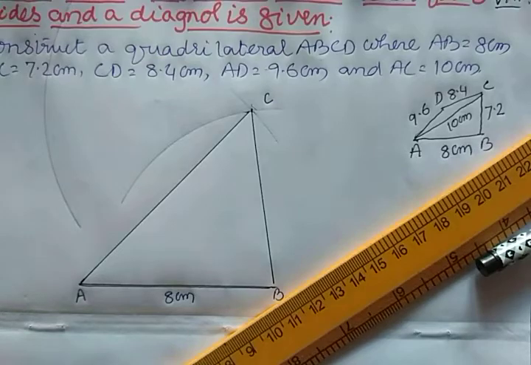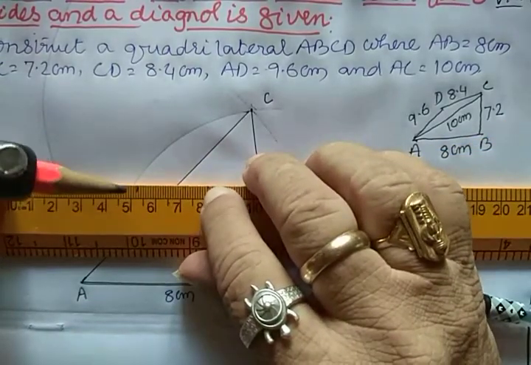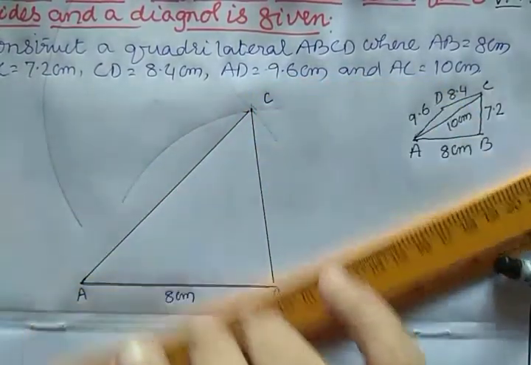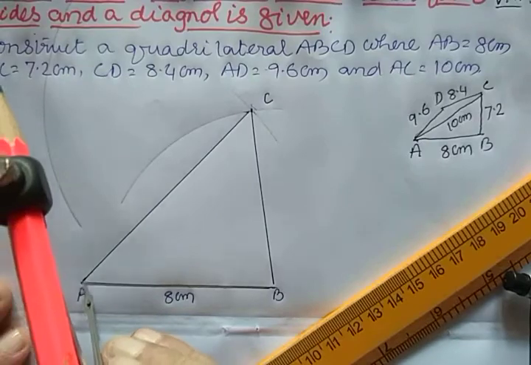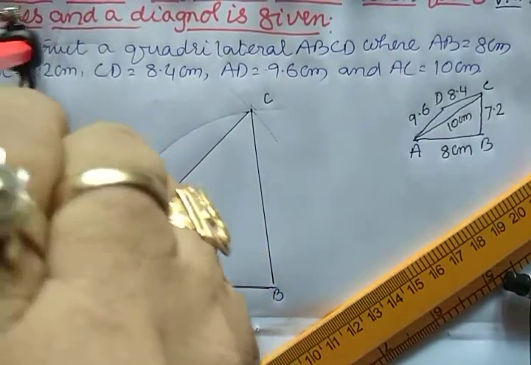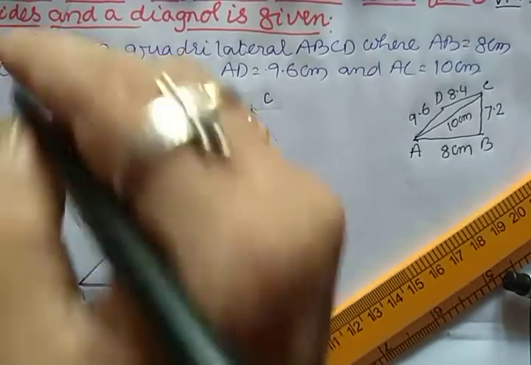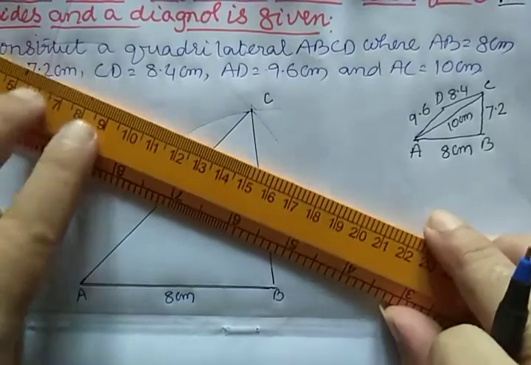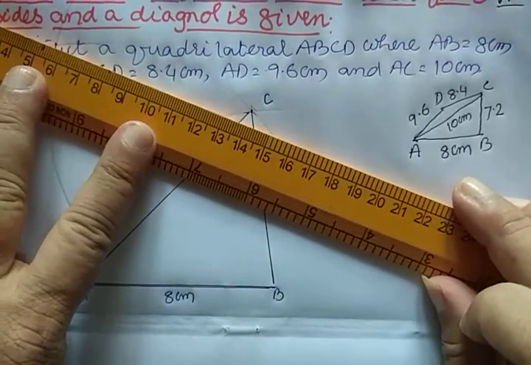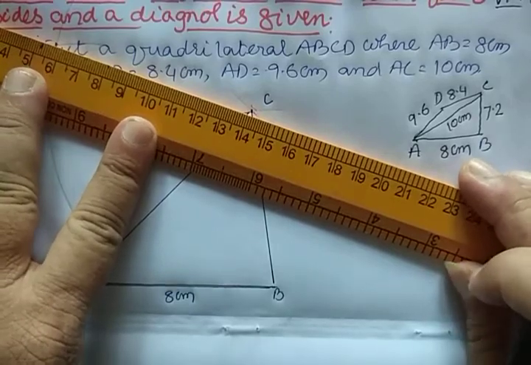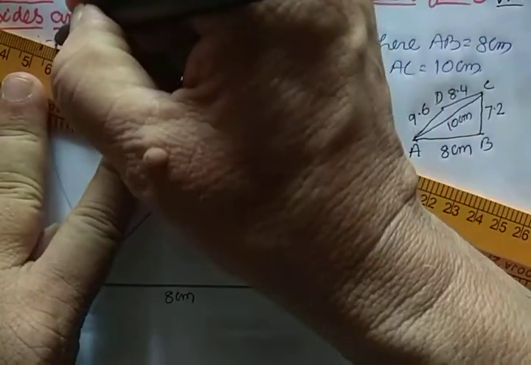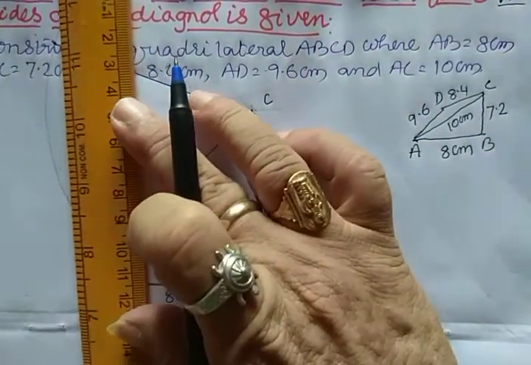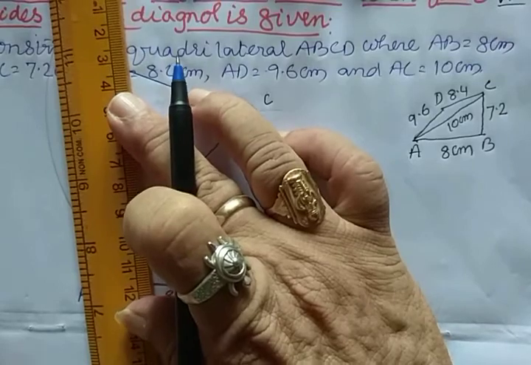What is AD? 9.6. I take the measure of another arc 9.6, from A. Here it joined. So I mark that point. I join CD and AD.